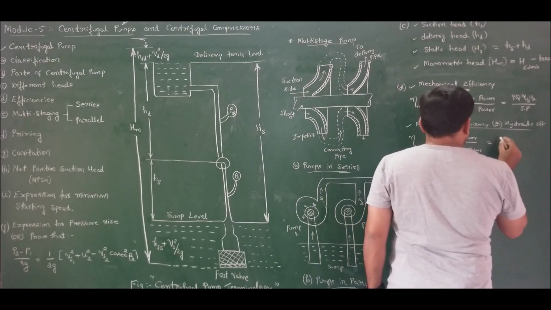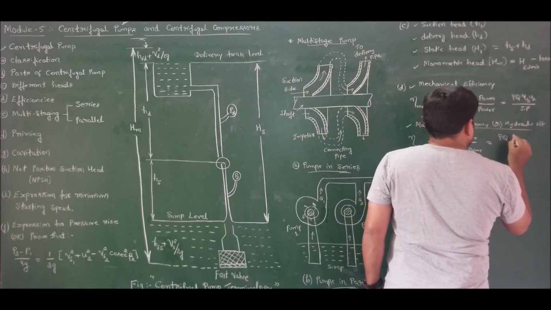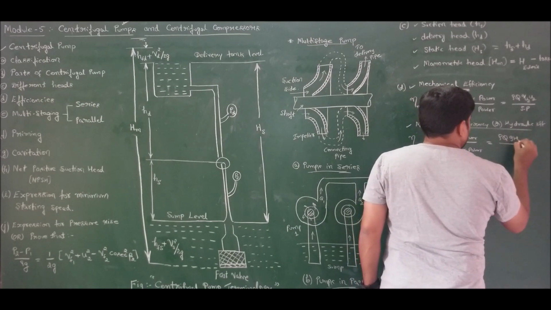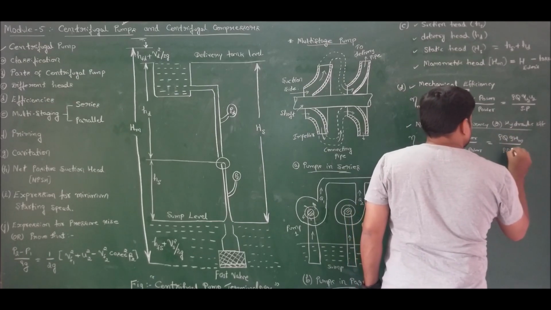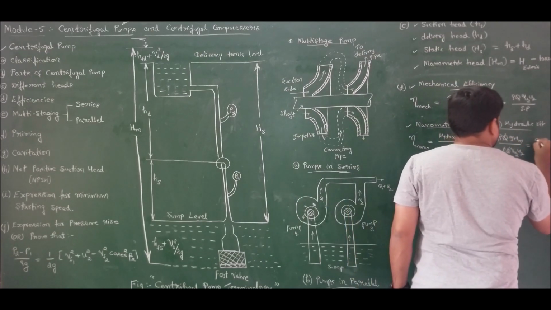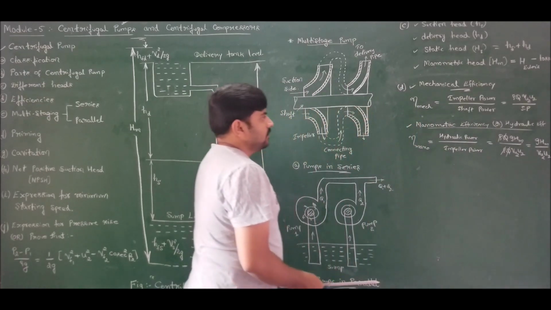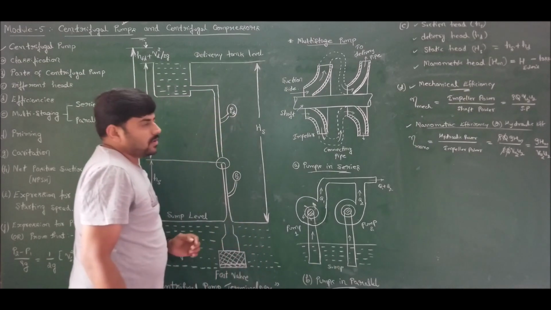Hydraulic power is known to us, that is rho Q G HM, where HM is the manometric head, divided by impeller power, rho Q VU2 U2. If I simplify, I will get the manometric efficiency as G HM divided by VU2 U2. So this is the expression for manometric or hydraulic efficiency.